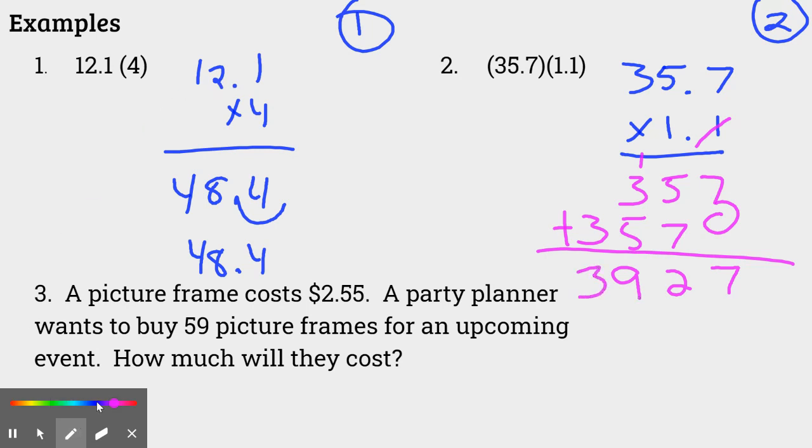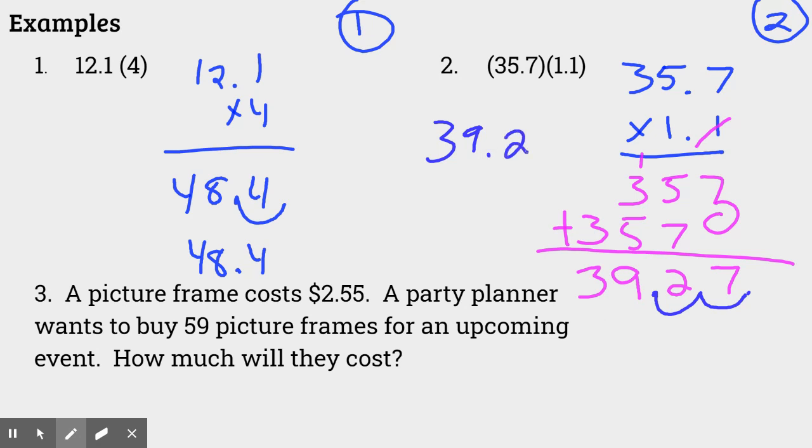Okay, and now this is where step 4 comes in. My decimal is behind the 7. I need to move it in 1, 2. So my final answer is 39 and 27 hundredths.